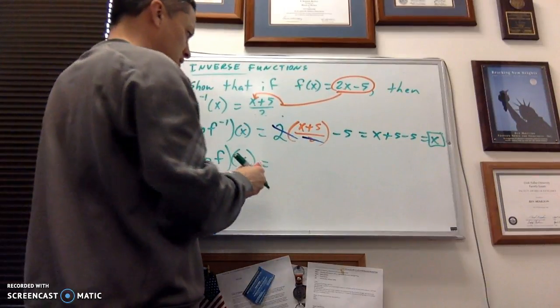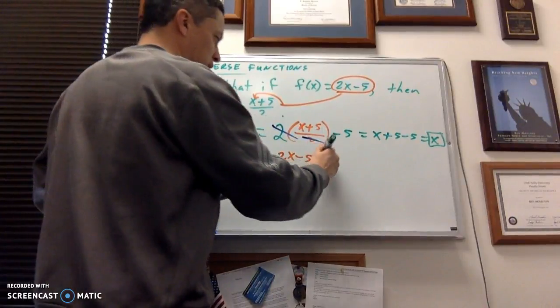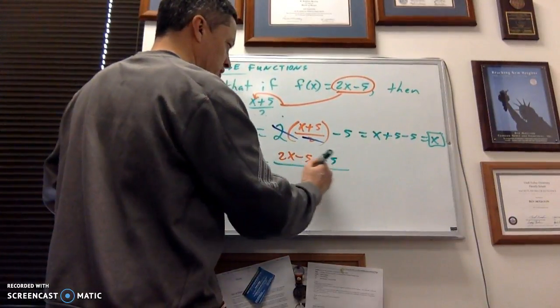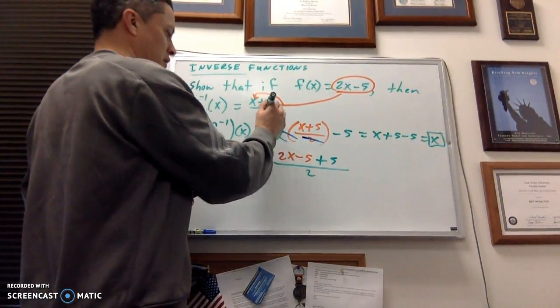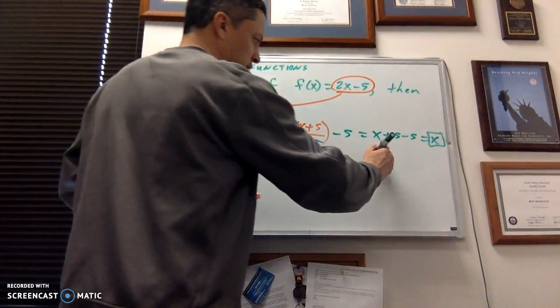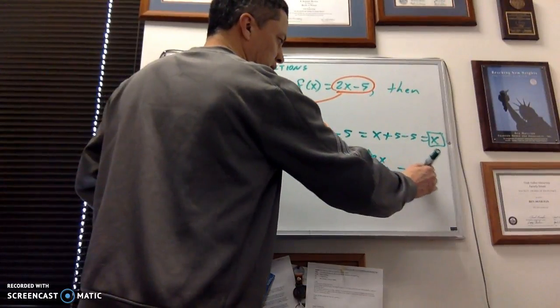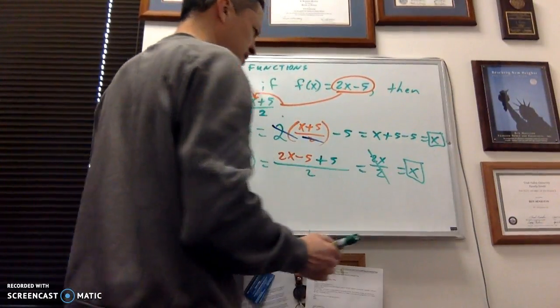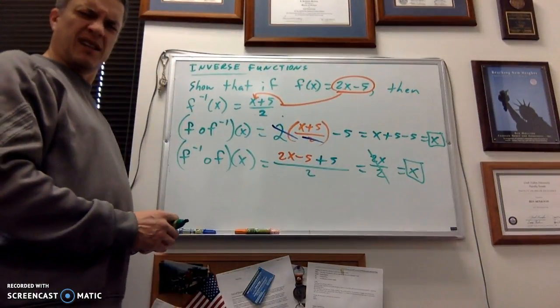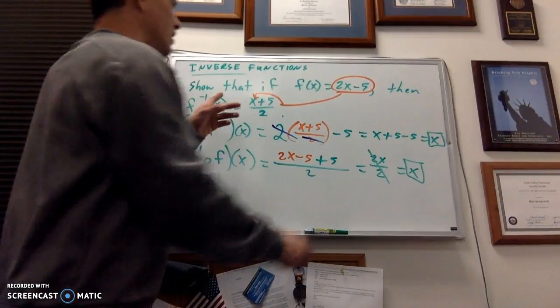So I'll have 2x minus 5 plus the 5 over the 2 there, and then we'll simplify. Negative 5 plus 5, that drops out, so I just have 2x over 2, and the 2's drop out. I get x again. What? Yeah, that's what they need here.